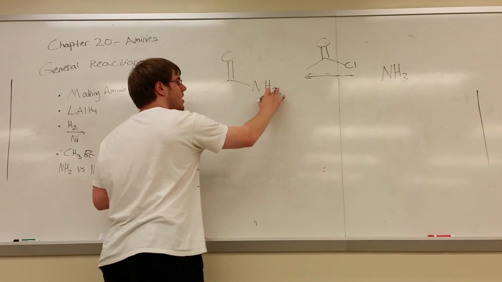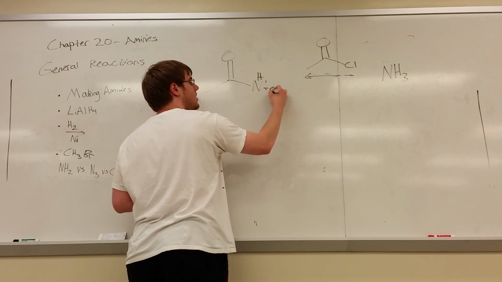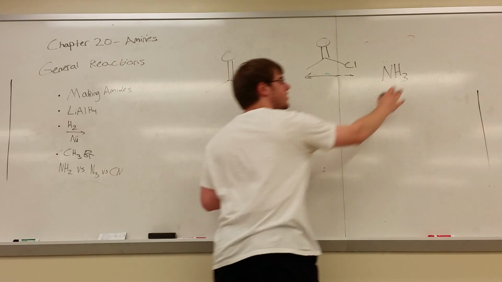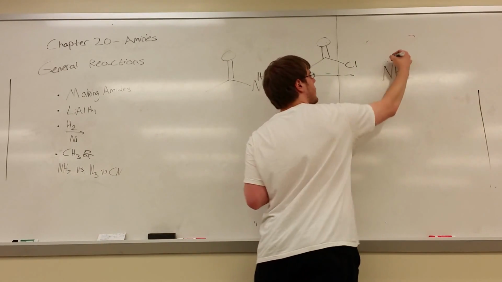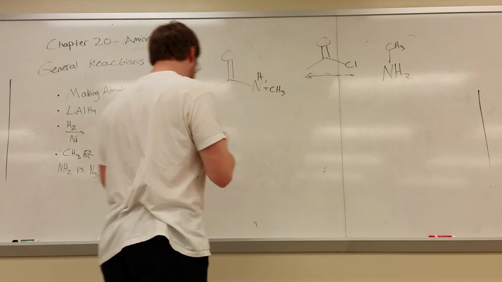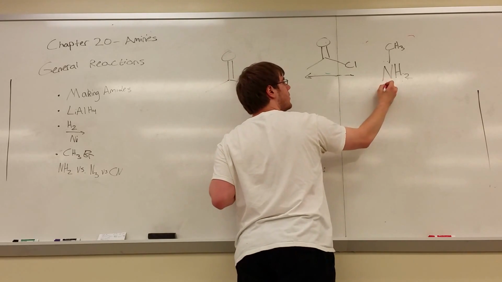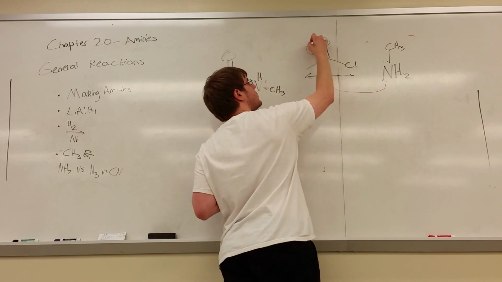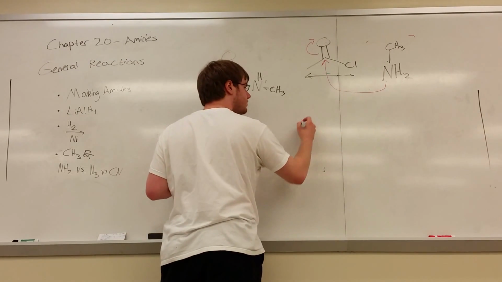If it was a nitrogen with one hydrogen and a CH3, then I'd want this to be one hydrogen more than that, so NH2, and that nitrogen would have a CH3 on it. Either way, the nitrogen with its lone pair will attack the carbonyl, and this will swing up, and you will get this intermediate.